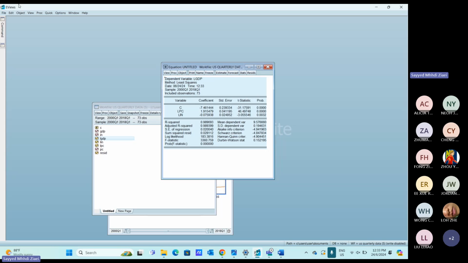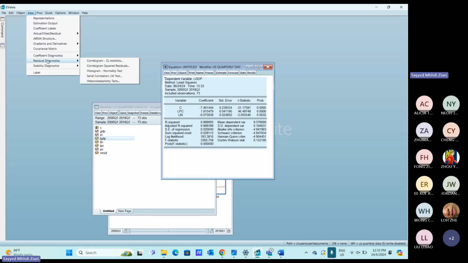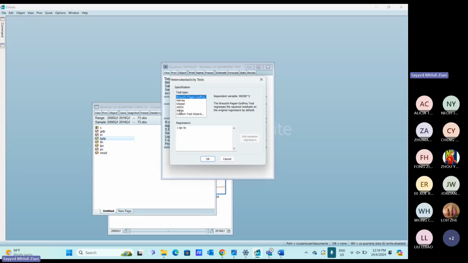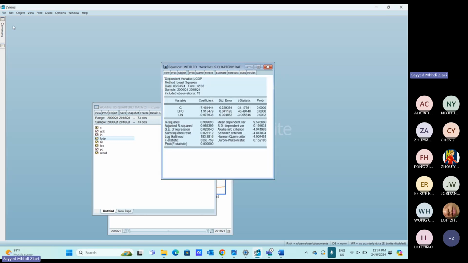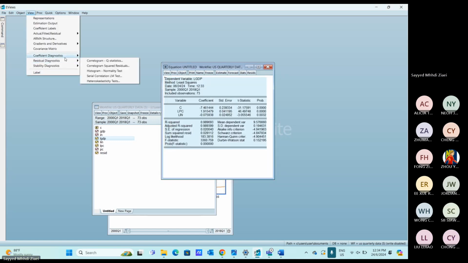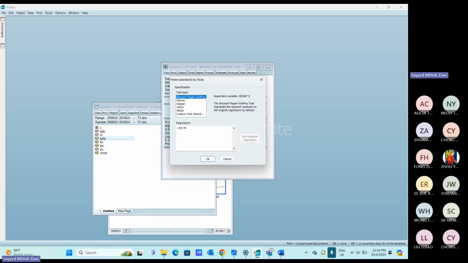Go to view, find the residual diagnostic, and then use the heteroscedasticity test, the White test. View, residual diagnostics, heteroscedasticity, White test.